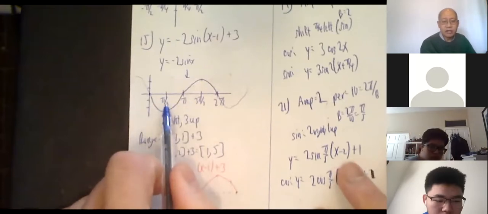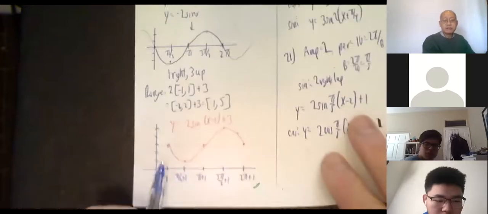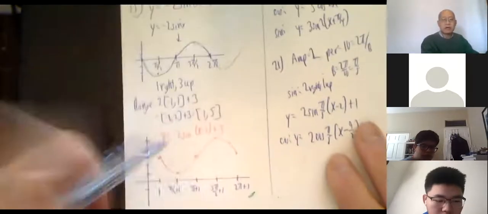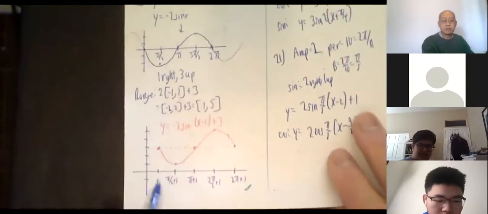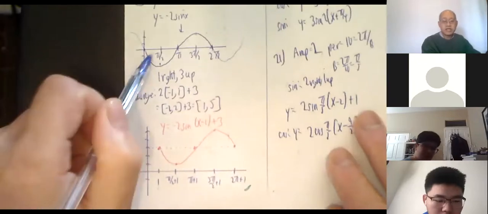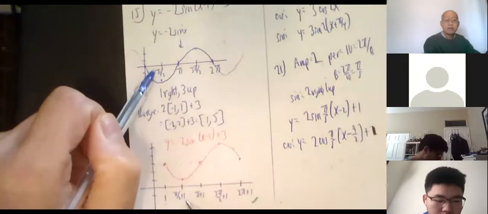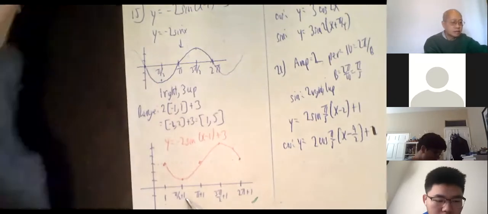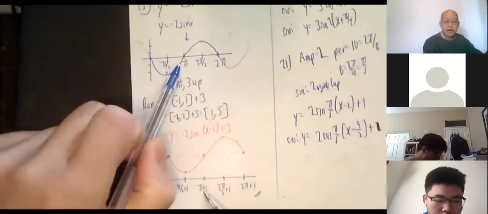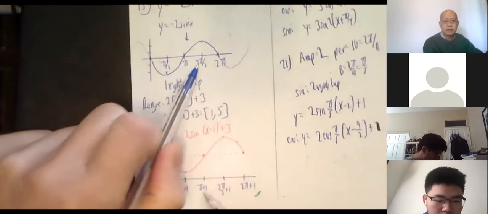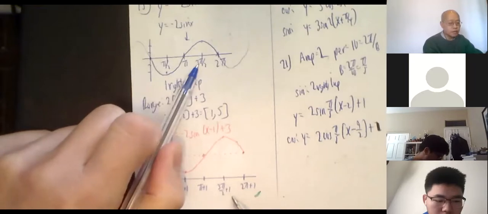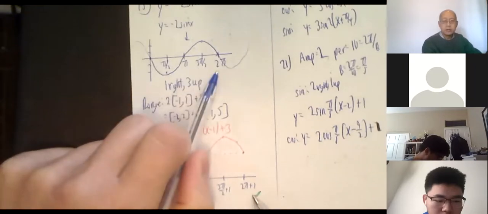Like, how do I add 1 and add 1? Very clumsy. Now, 0 plus 1 is nice, 1. All I can say for these guys is pi over 2 plus 1, pi plus 1, 3 pi over 2 plus 1, 2 pi plus 1. You can see it's very clumsy, right?